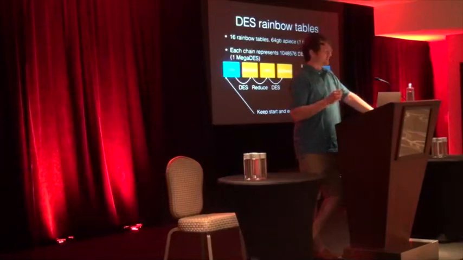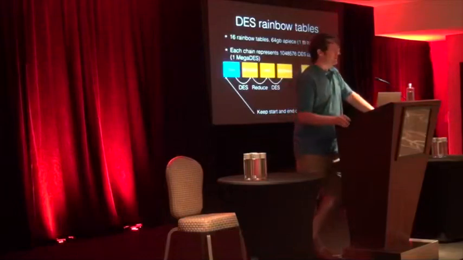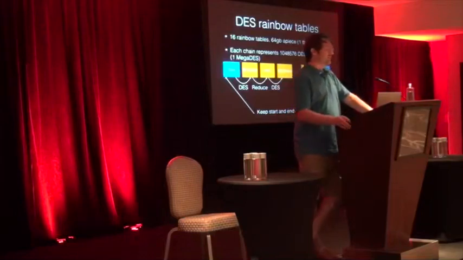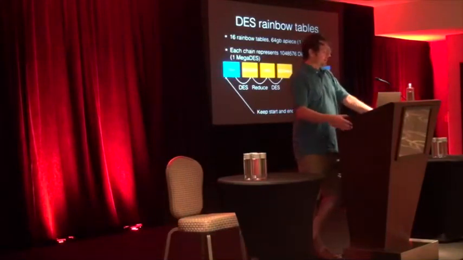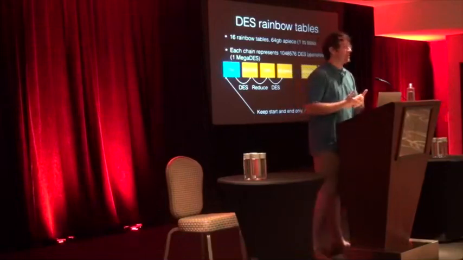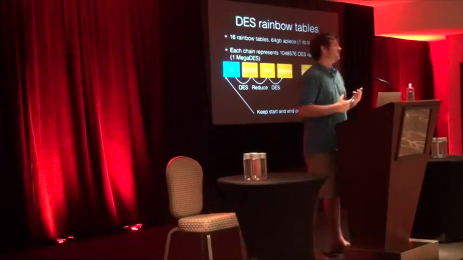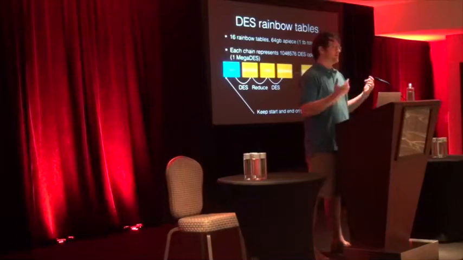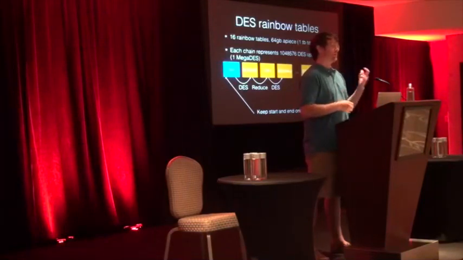A lot of us have used rainbow tables for cracking hashes, though maybe you don't necessarily have a really good understanding of how they work. At least I was in that boat when I started on this. And so the way a chain works is you take a start value. This is like an incrementing integer in the case of DES that's unique. And then you encrypt 0 with that start value. So that start value you use as a 56-bit key.